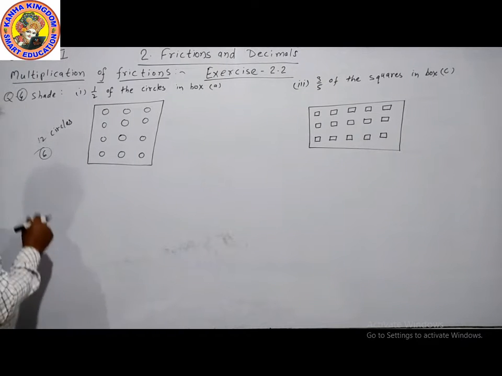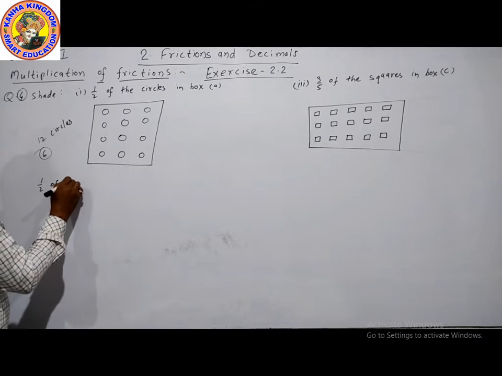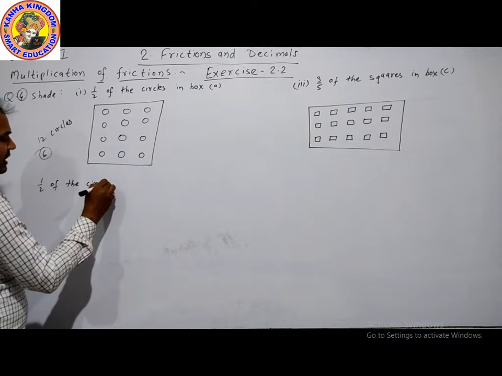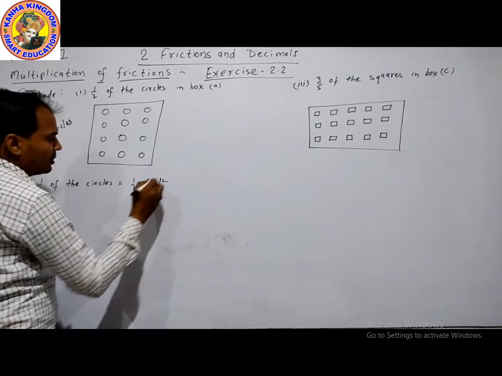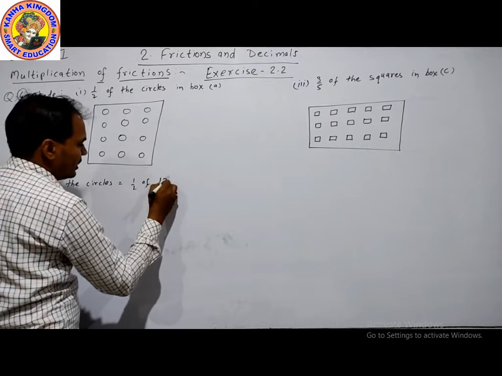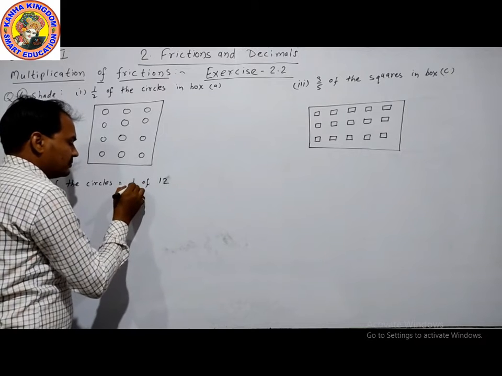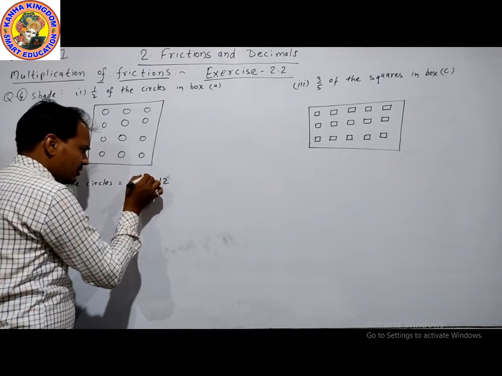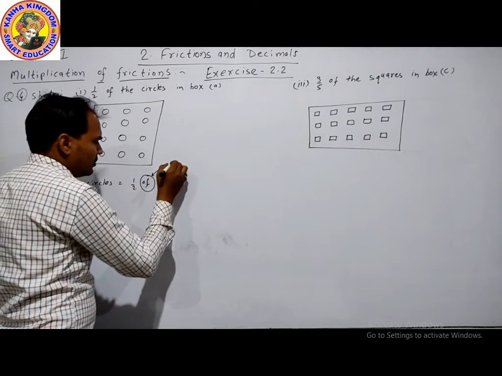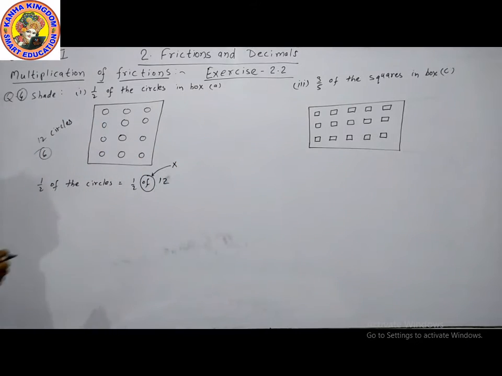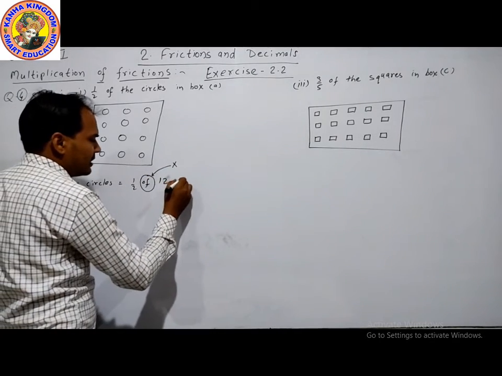Now the question is, half of the circles is half of how many circles? Total 12 circles in this diagram. Half of, students, mention this: of will be replaced by the multiplication sign.